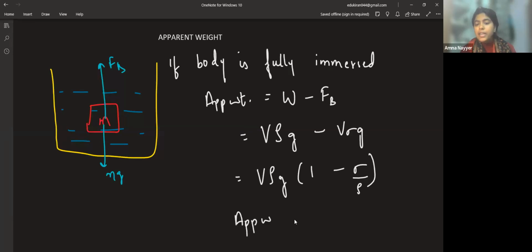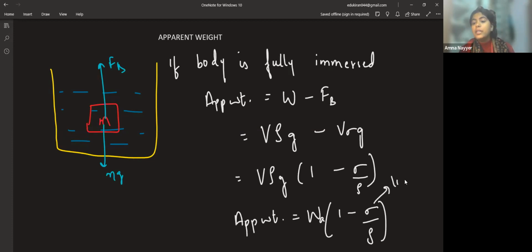So apparent weight will be weight in air times (1 minus sigma by rho). Sigma is the density of the liquid, and rho is the density of the body. This is the concept of apparent weight.